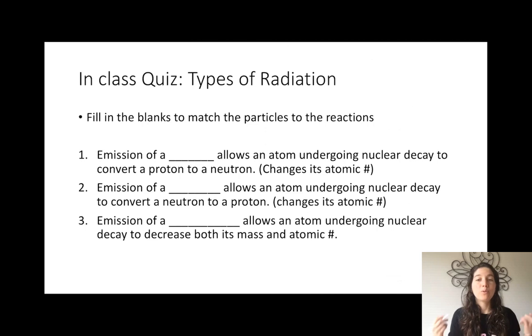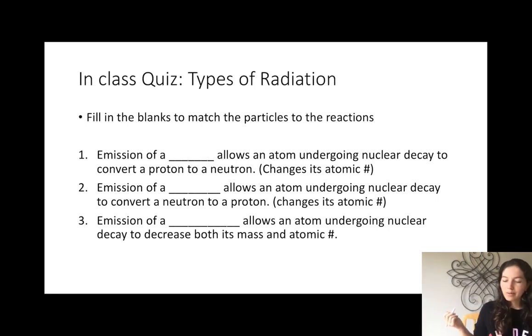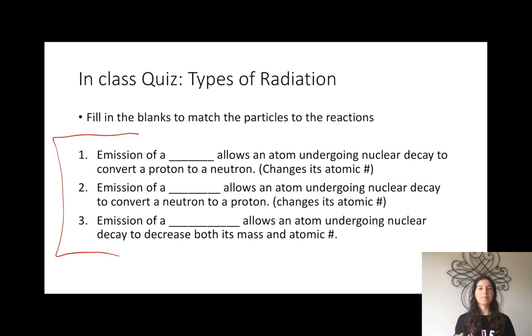Okay, so now it's time to test your knowledge. See if you can fill in the blanks for the following questions. I'm going to ask you to determine if this is alpha, beta, or beta plus decay, i.e. positron emission. So for number 1, it says emission of a blank allows an atom undergoing nuclear decay to convert a proton to a neutron.